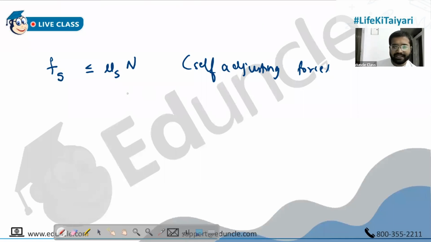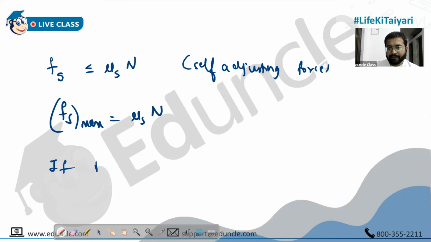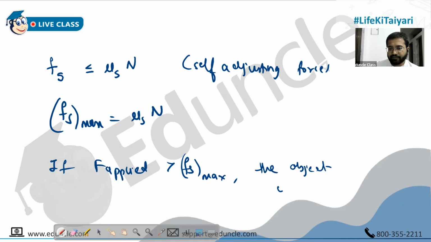We did this very nicely during our regular lectures too. But the point is that it is always less than or equal to mu s into n, and the maximum value is mu s into n. So only if the applied force is greater than Fs max, the object will move.